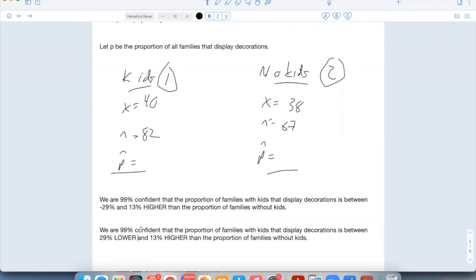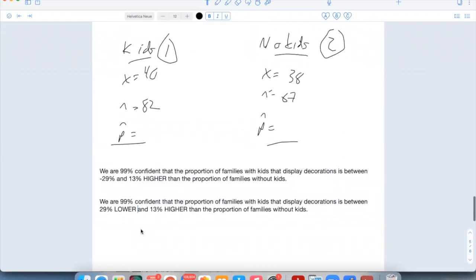So we're 99% confident that families with kids, the proportion of them, the fraction, the percentage of them that put up holiday decorations is someplace between 29% lower and 13% higher. So maybe they're lower, maybe they're higher. So who wins? We have no idea.